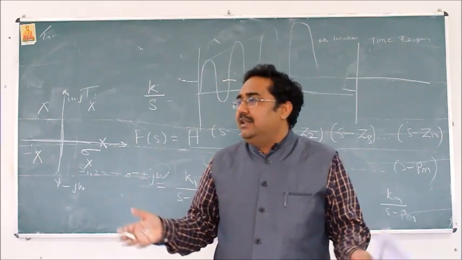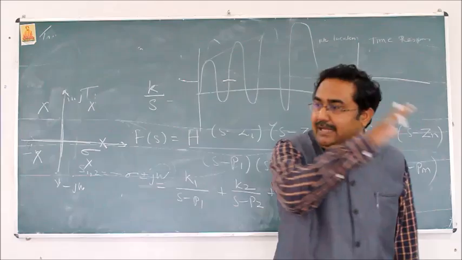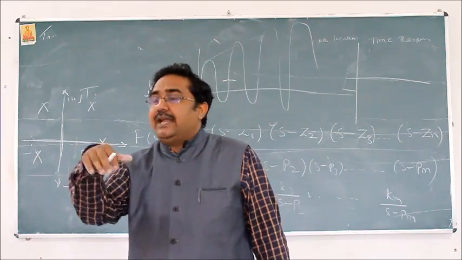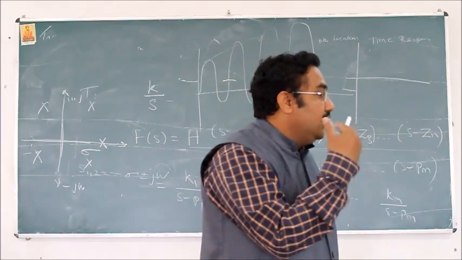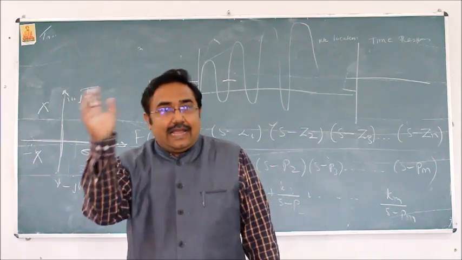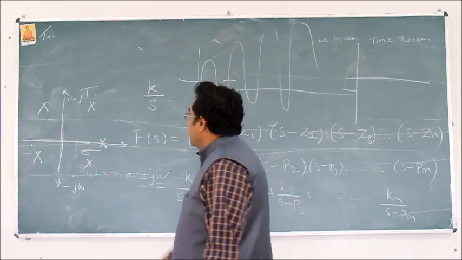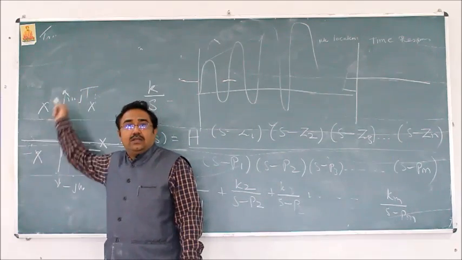In all our academics, we have a system and we mathematically model it by expressing it either in algebraic form or differential equation form, and then we analyze this mathematical equation with the help of the so-called poles and zeros.